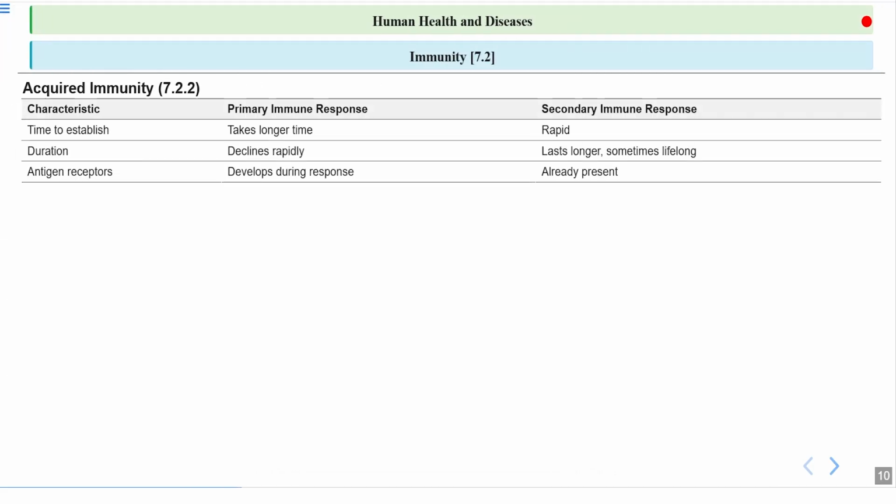Okay, let's continue our discussion. We were talking about the primary immune response and the secondary immune response.